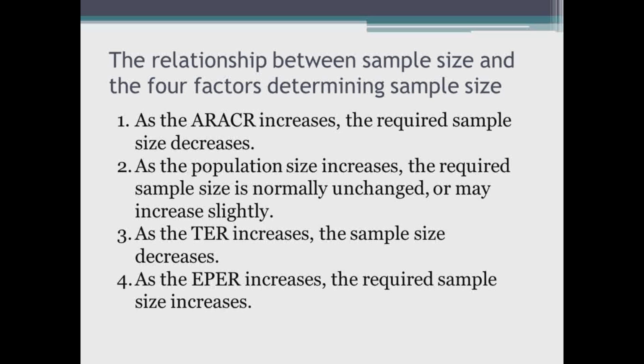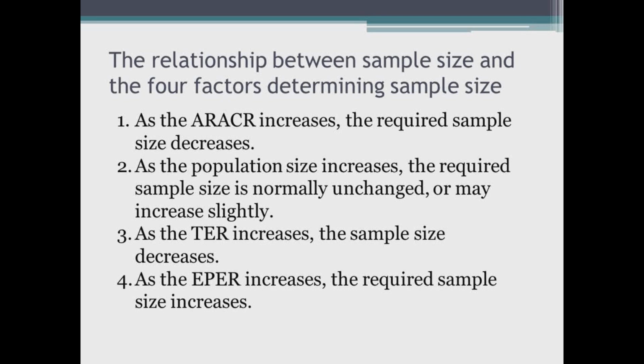Well, if you compare 4, column 4 is the same as column 2, right? And we said that column 2 increased. So what's different between column 4 and column 2 that would cause you to? But remember, as the population size increases, the required sample size is normally unchanged or may increase slightly, right?